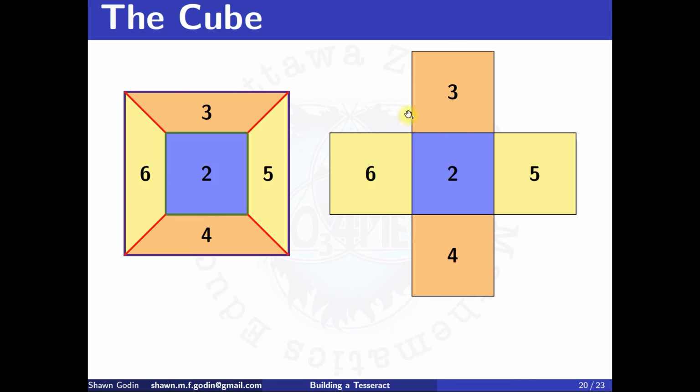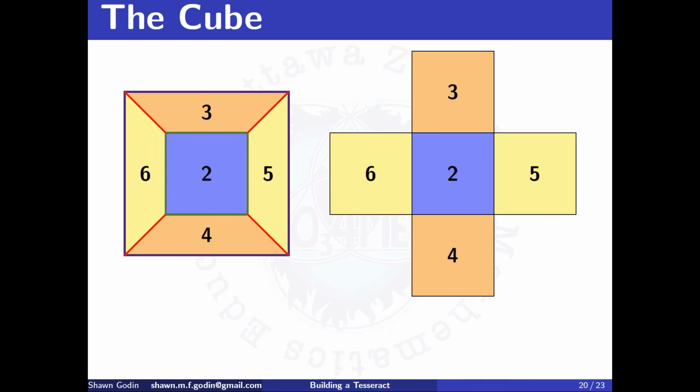Now, if we look at our net so far, we can see that the space between 3 and 6 here was actually where that edge was. So in other words, these things would connect up. If we're going to make the cube, these guys connect up, these guys connect up, these guys connect up. So the only edges that haven't been used are these 4 on the outside, which correspond to the 4 edges that it would share with the top of this thing, which means I can put the 4th square on the end of either of these things.